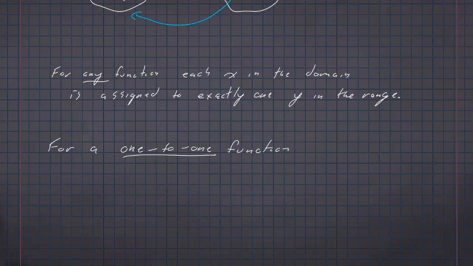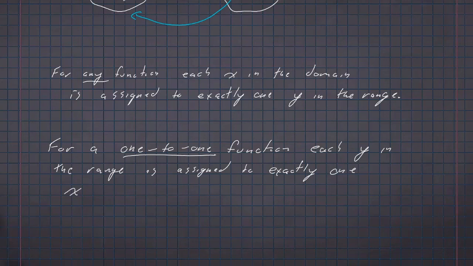If we have what's called a one-to-one function, in addition to that basic rule of all functions, each y in the range is assigned to exactly one x in the domain.